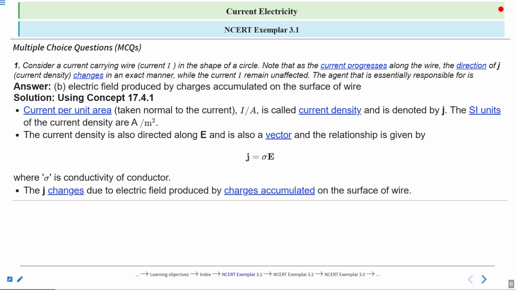The J changes due to the electric field produced by charges accumulated on the surface of wire. What are these charges?